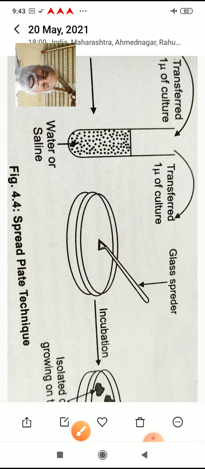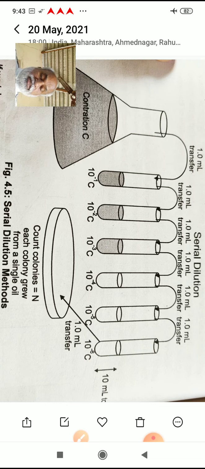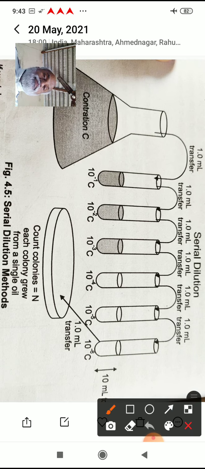Now we'll go towards another method, that is the serial dilution method. See here on the screen, in the conical flask you can see the sample. It means what? The inoculum with water.